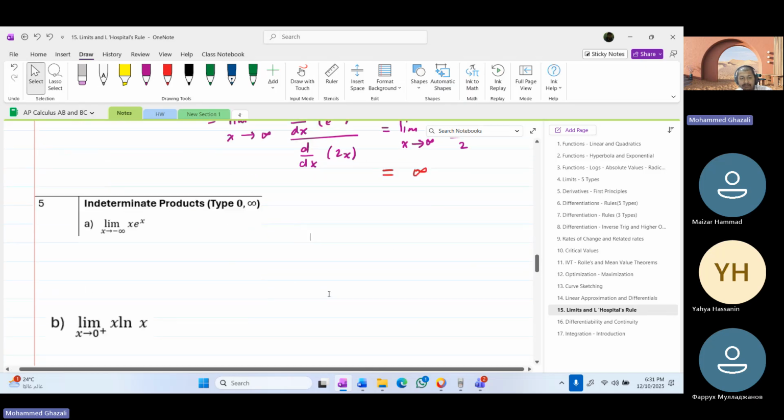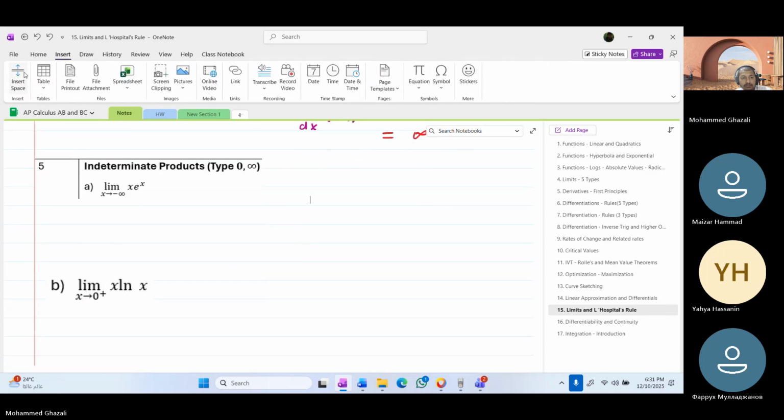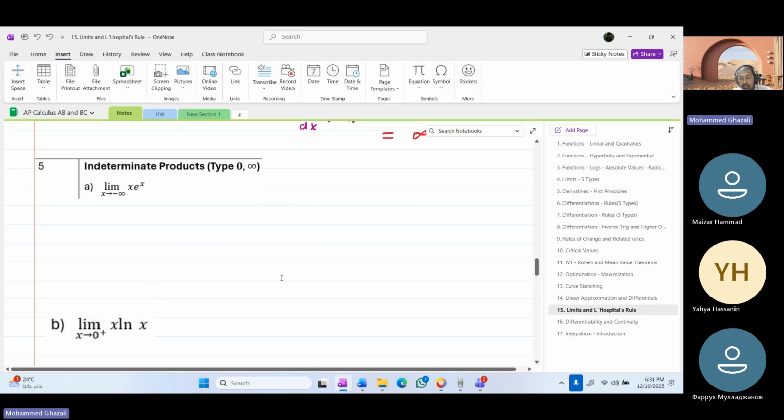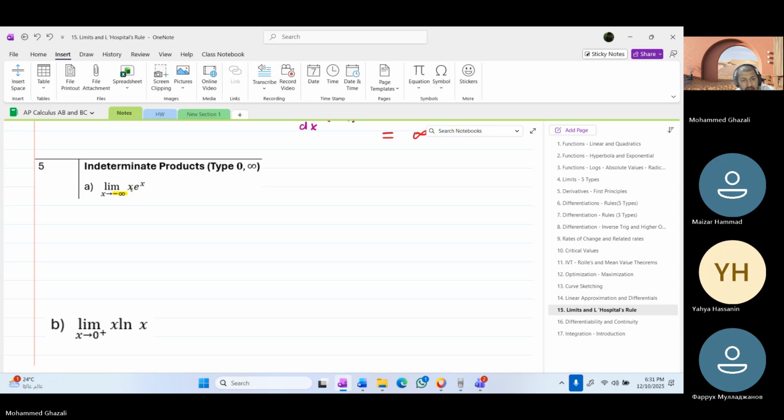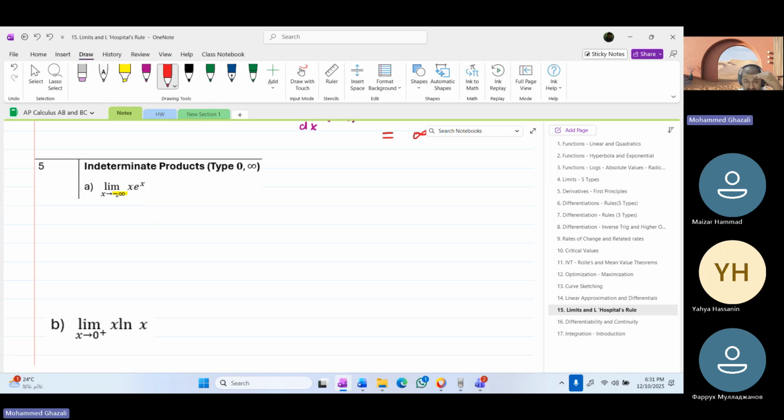Now watch here. Limit as x approaches negative infinity of this times this, x times e to the power x. So what's the answer? If I directly substitute, what's my answer here?